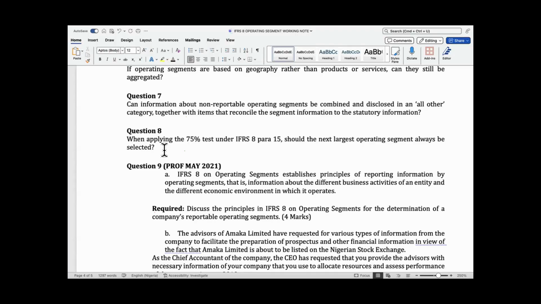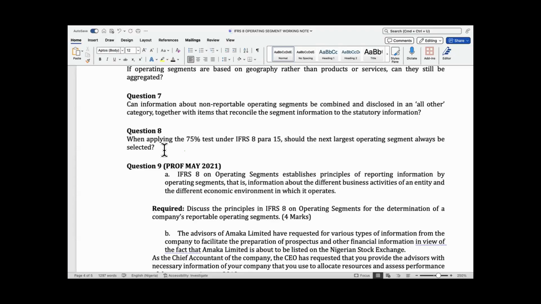Then we would quickly look at another short standard, which is IAS 34 on interim financial reports. It's a very, very short standard that should not pose any challenge to us. Now, when we are done with that, we have very little to cover. Then we'll start looking at group accounts.